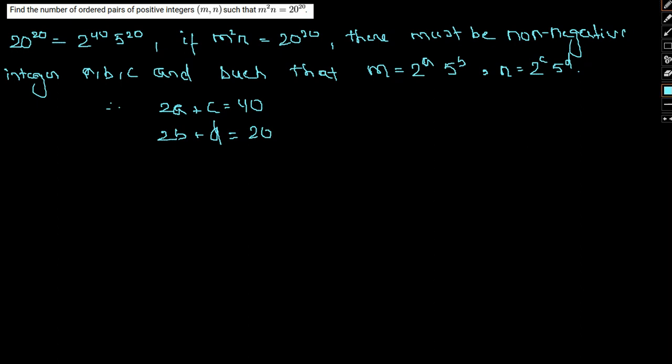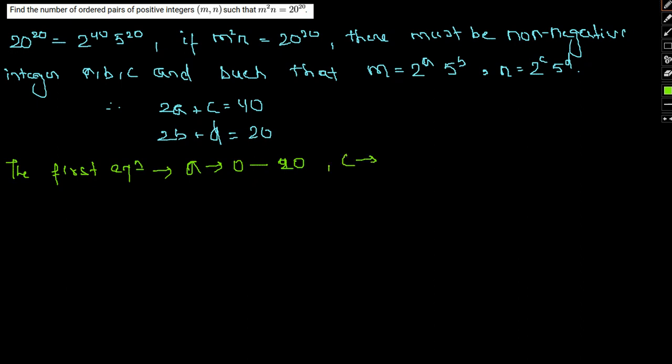Okay, so having said that, in the first equation a's value will be from 0 to 20. Okay, so for every particular value of a, we have a value of c as well.